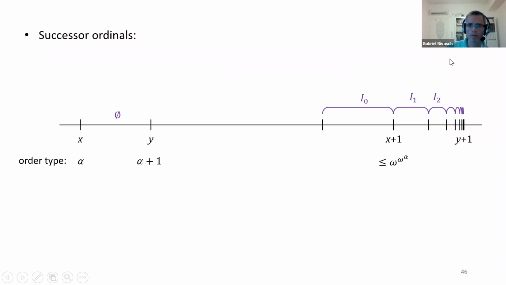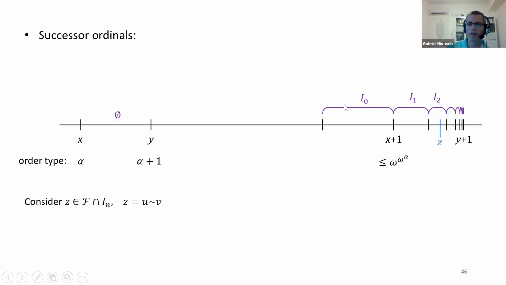Suppose by induction that the order type of x is alpha and that the order type of x plus 1 is at most omega to the alpha, and let y be the next fusible number after x. So its order type is alpha plus 1. And we want to prove that the order type of y plus 1 is at most omega to the alpha plus 1.